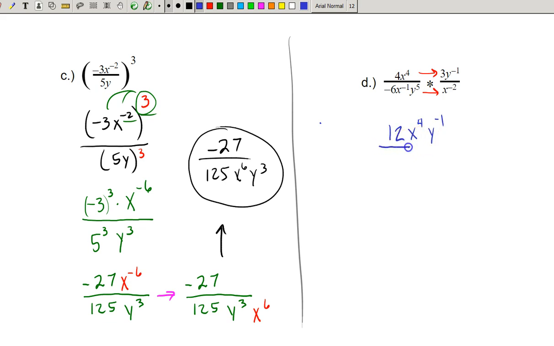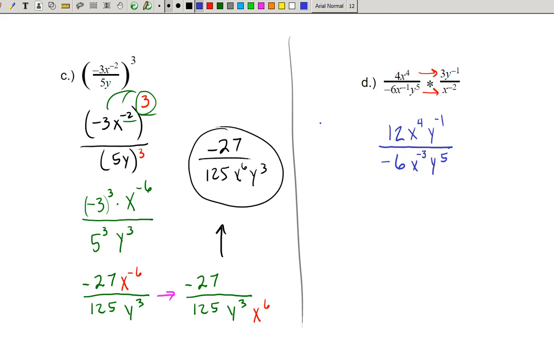And this is going to be divided by, I have a negative 6, and then I'm going to multiply, we have x to the negative 1, and over here we have x to the negative 2. So that I can combine. When I multiply those together, we're going to add the exponents. So now I'm going to have x to the negative 1 plus negative 2. So that's negative 3. And I still have a y to the 5 there.